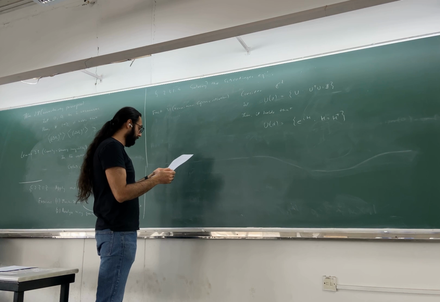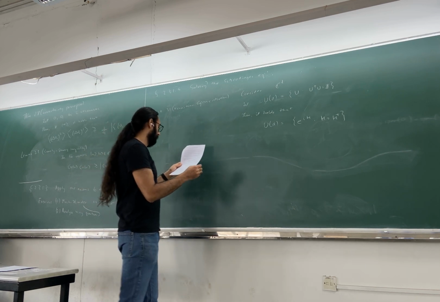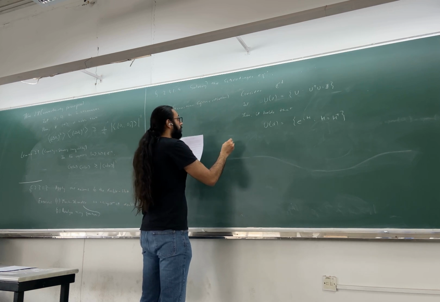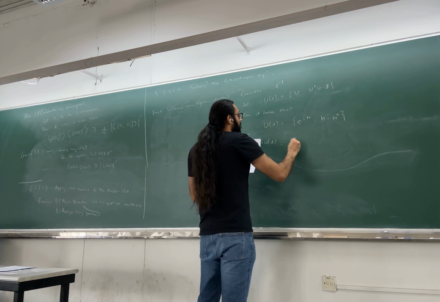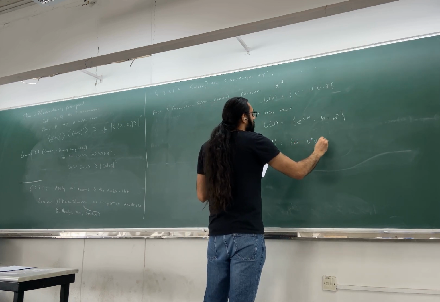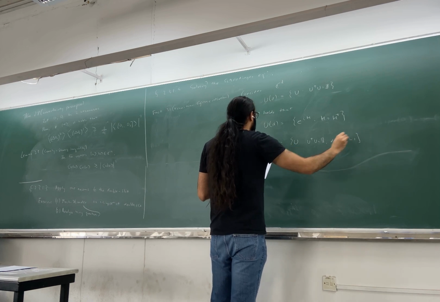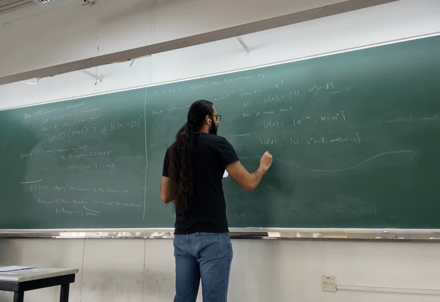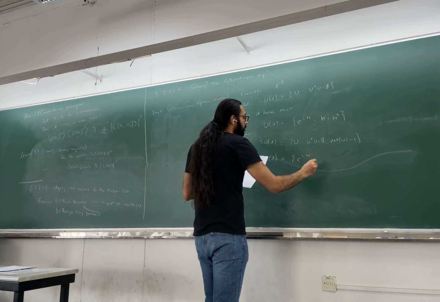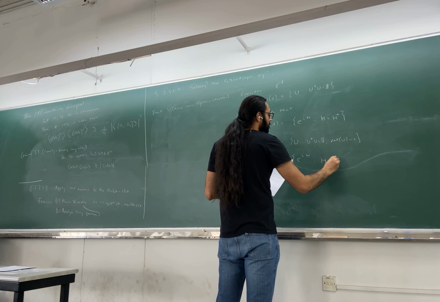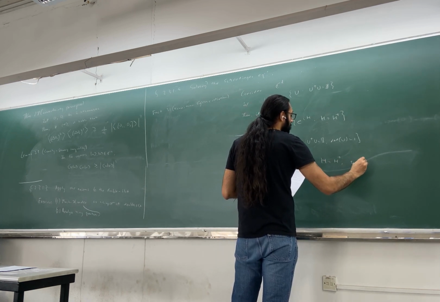And if you define SU(d) to be U such that U dagger U is identity and the determinant of U is 1, then this can also be spanned using exponentiations of Hermitian matrices, except that we want them to be traceless now: H equals H dagger and trace of H is 0.